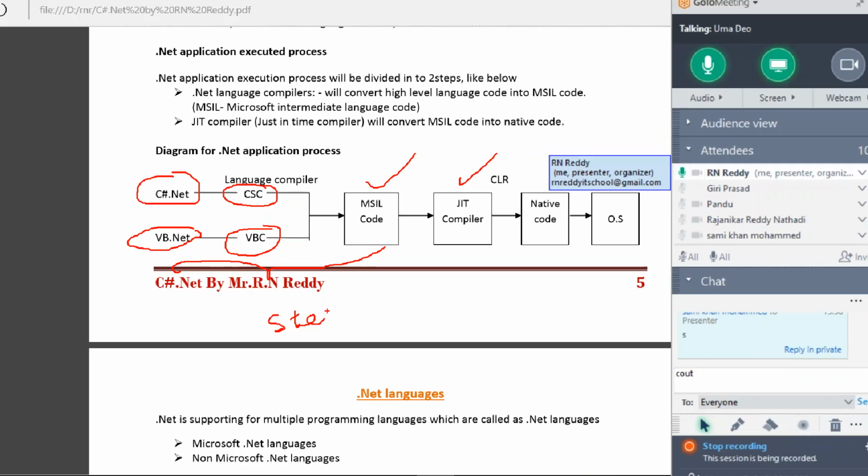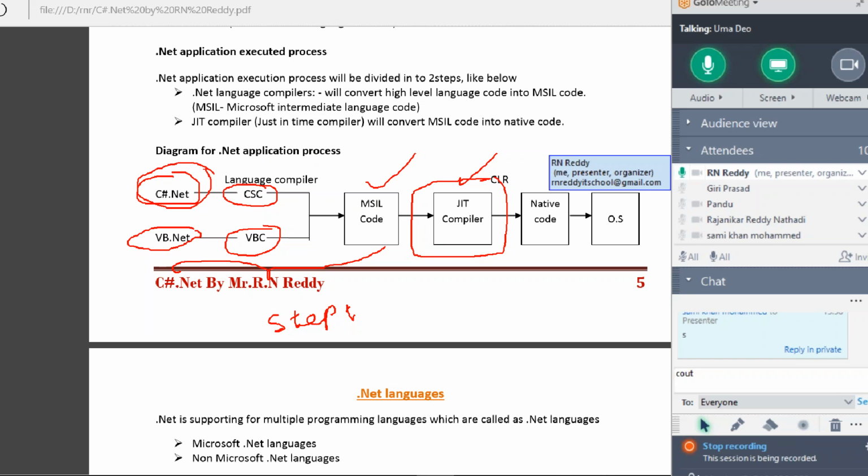Because our .NET execution engine called CLR can understand only MSIL code. So step 1 is that language compilers convert high level language code, meaning C#.NET or VB.NET code which is in English, into MSIL code, which can be understood by the CLR.